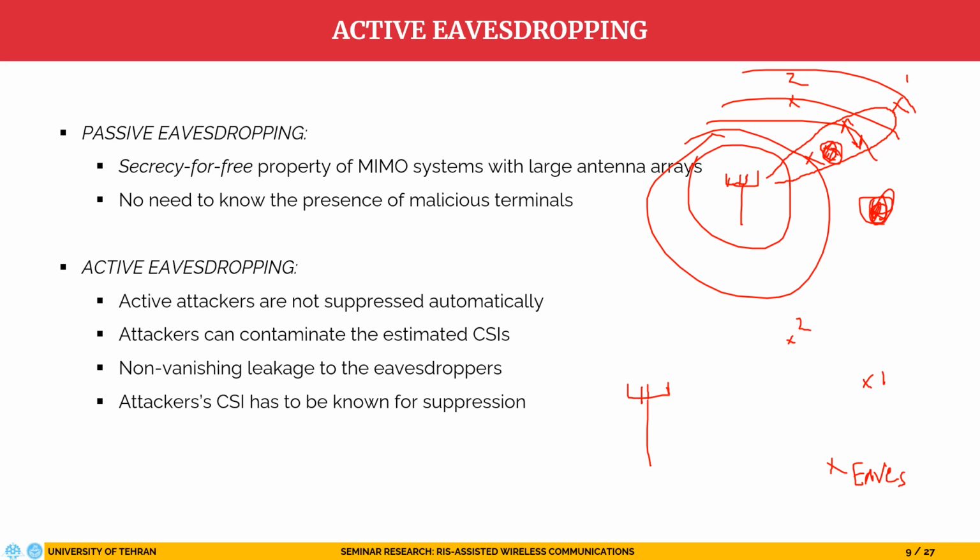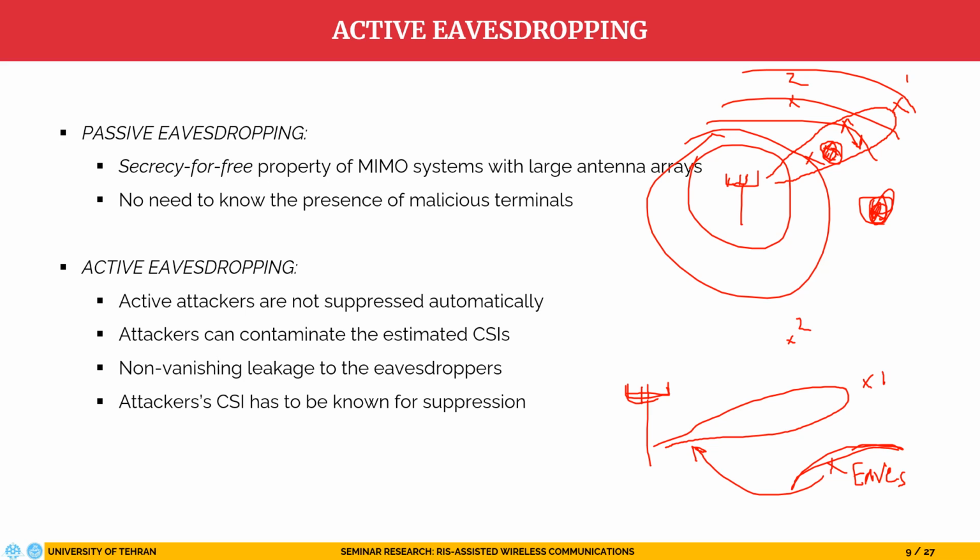Even with using MIMO technology and beamforming, for example, before the existence of an active eavesdropper here, the base station radiates the signal to just user 1. This is ideal and everything is good. But with an active eavesdropper in the system, it can contaminate the CSI which is calculated by the base station.